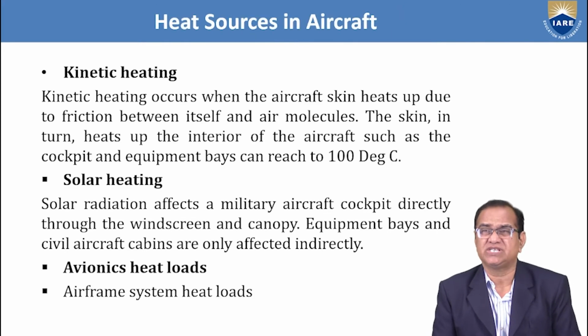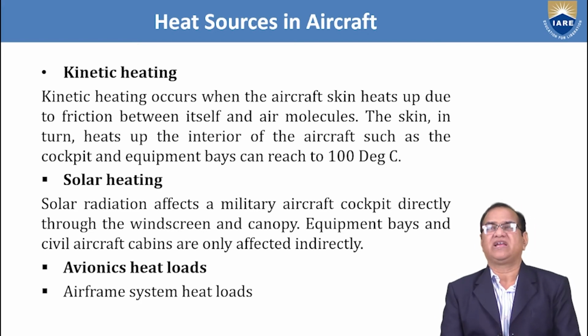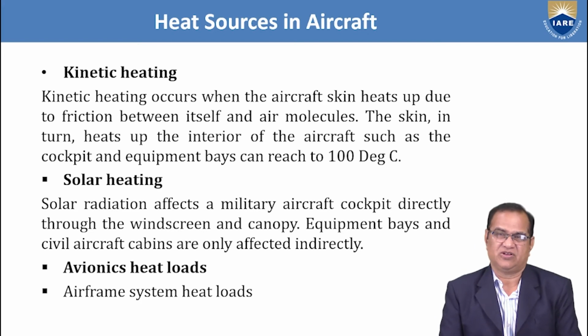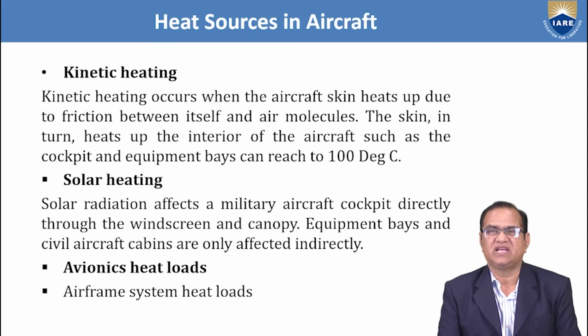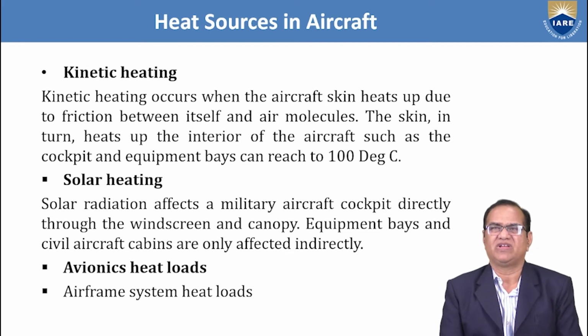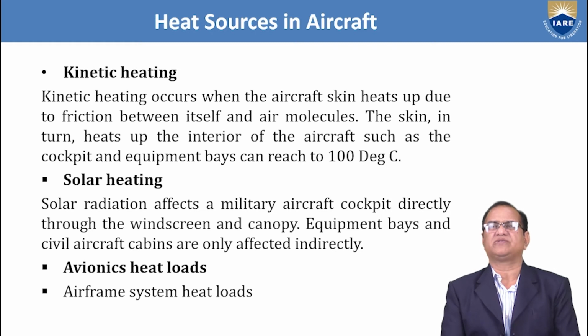So, heat sources in aircraft. From where are we getting the heat in aircraft? We have to first understand that, then we can go further. Kinetic heating occurs when the aircraft skin heats up due to friction between itself and air molecules.